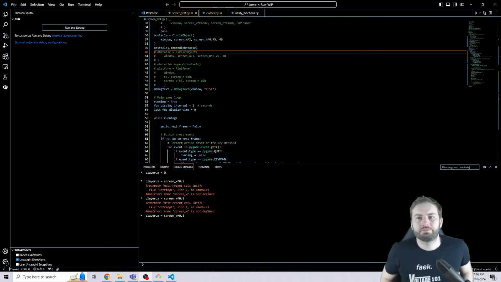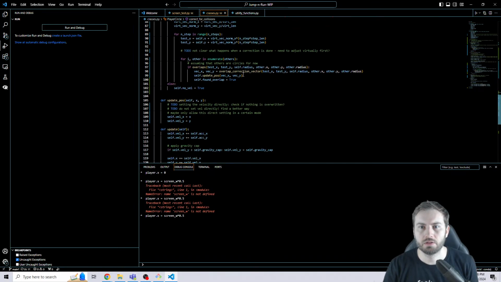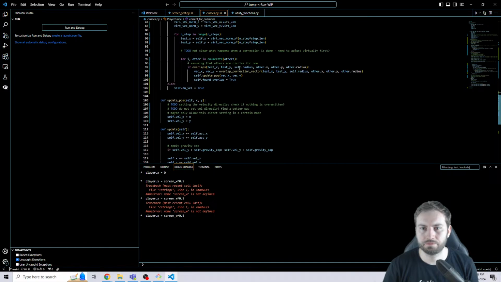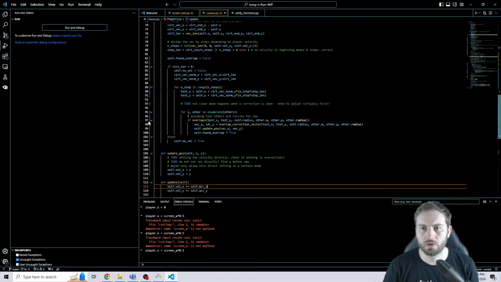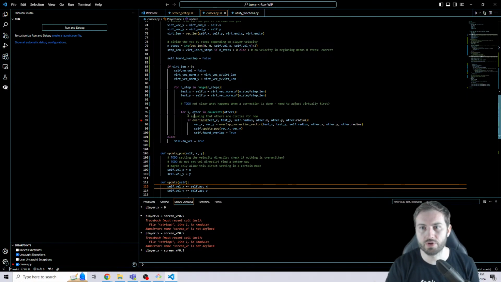So. Breakpoints. I want to set them here. So in every step it checks for the overlap. And then I can just run this test. Yeah.